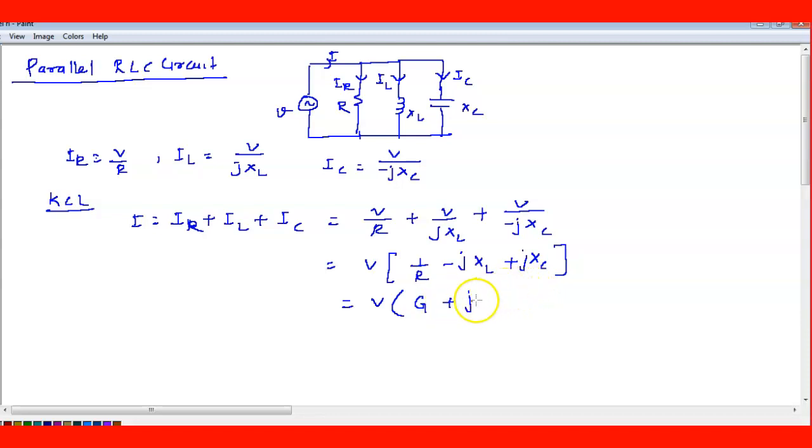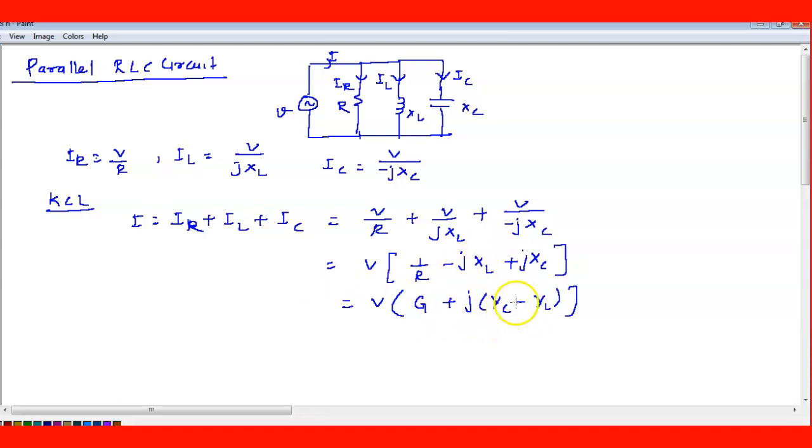You can write it in admittance form: YC minus YL. Because we know that YC is equal to 1 upon XC.